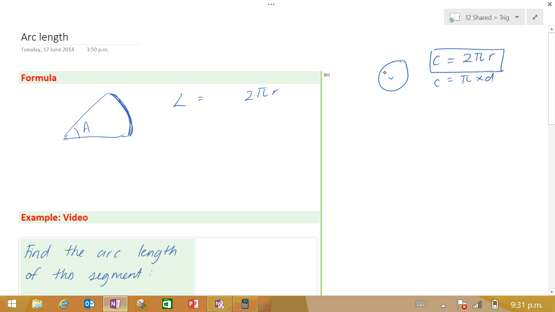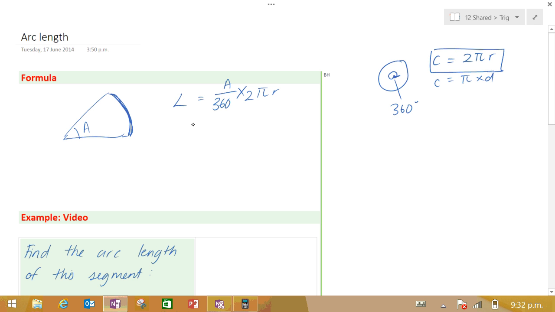When we're looking at the angles the whole way around a circle, those are 360 degrees. And so if we're finding an arc length, we're finding just part of a circle's circumference. So what we need to do is take whatever the angle is, divide it by 360, and then times by 2 pi r.